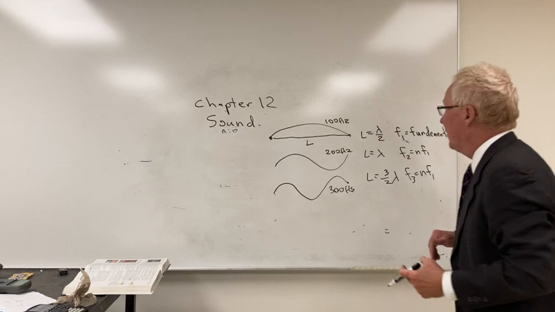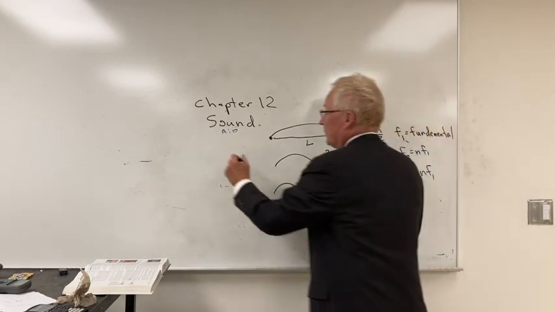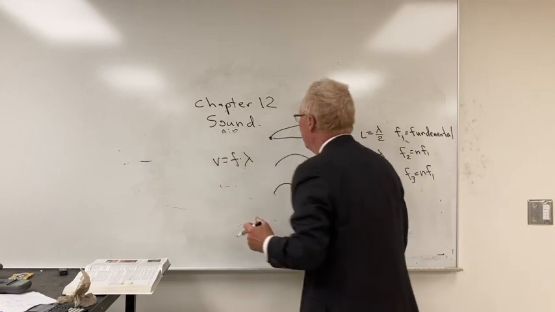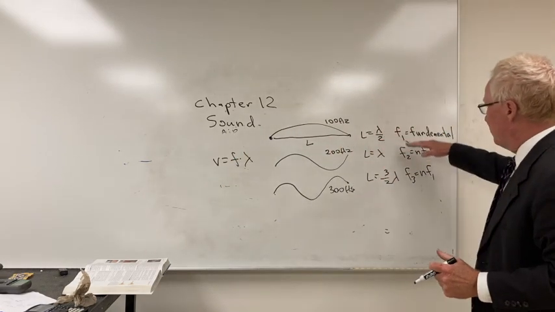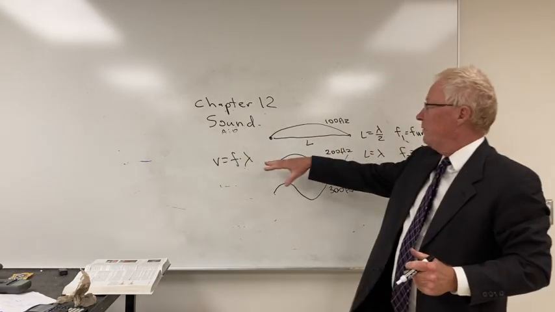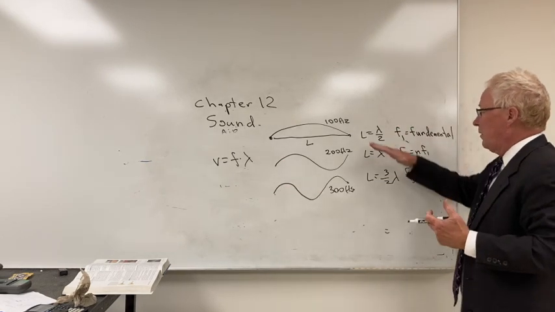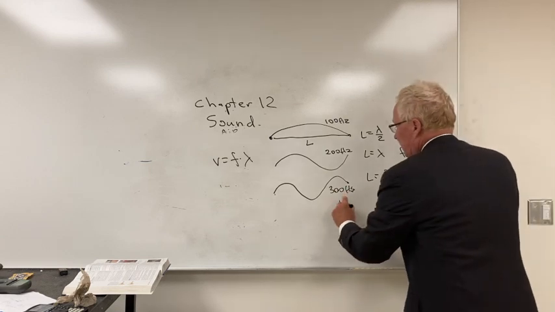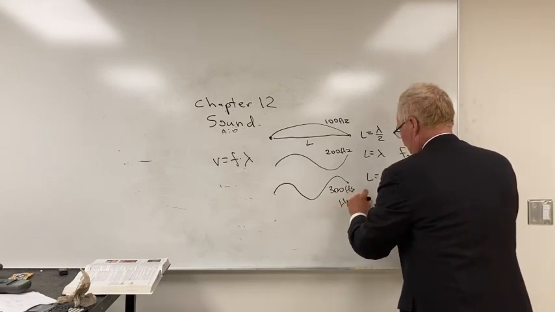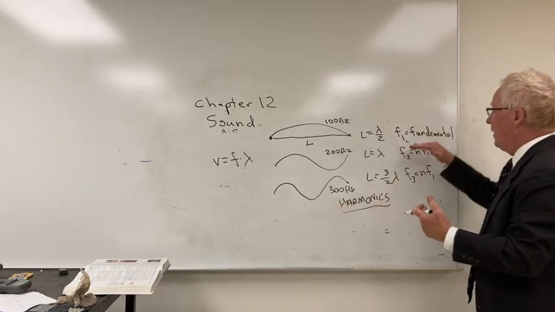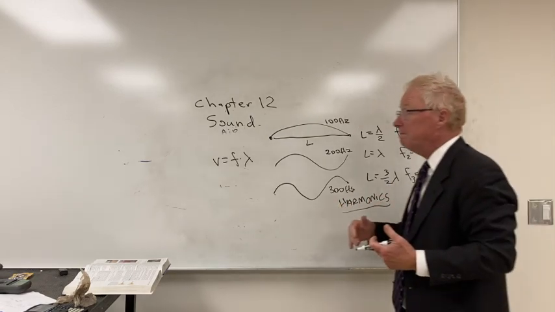We've also talked about the speed of sound. Speed is given by frequency times wavelength, so as the frequency goes up, the wavelength goes down. Each of these is what we call a harmonic of the fundamental frequency.